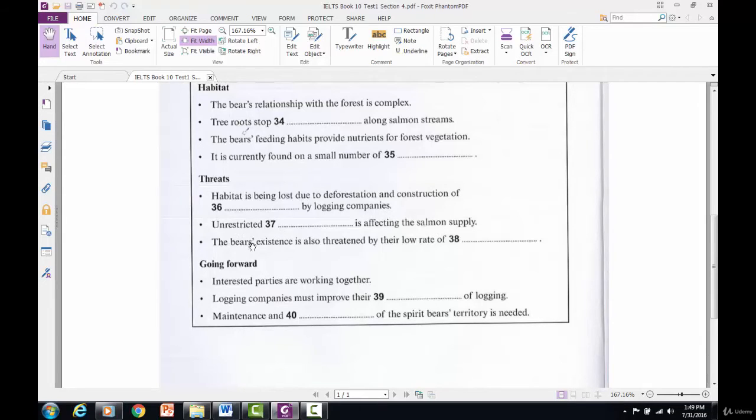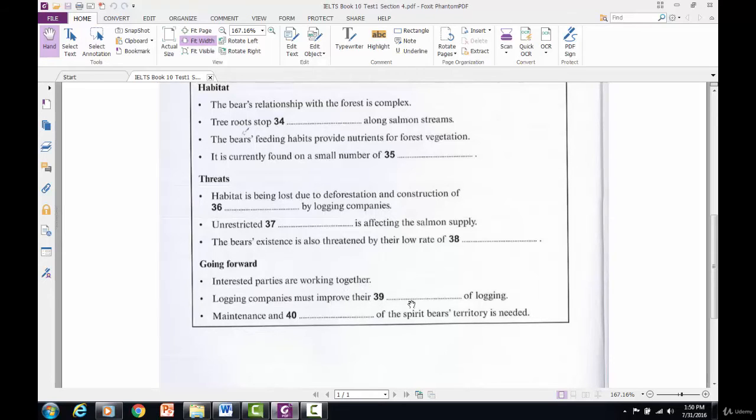Unrestricted. The bear's existence is also threatened by their low rate of. 38, connected to the words low rate of. Right? They're going to use synonyms. They might use reduced. Okay? So remember, when you're listening, you have to hear the synonym relationship, the synonym connection between the language before the blank line or sometimes after the blank line and the answer choice. 39 is connected to must improve their blank of logging.